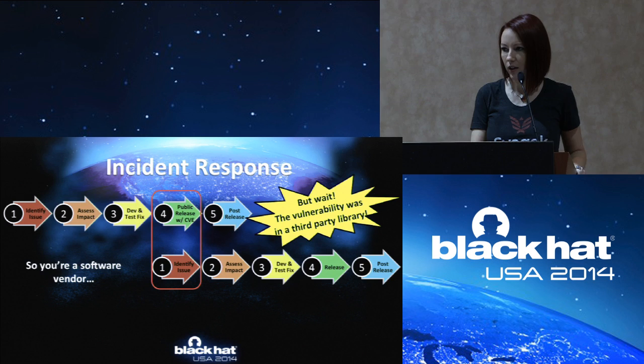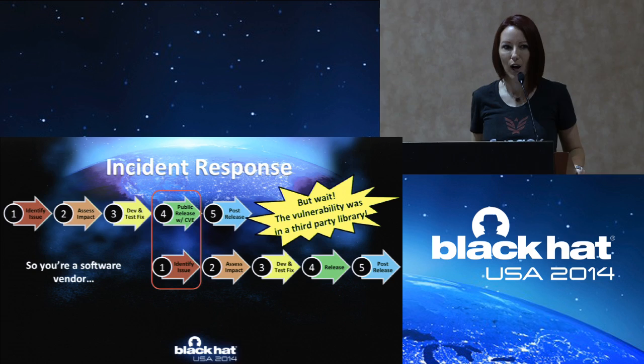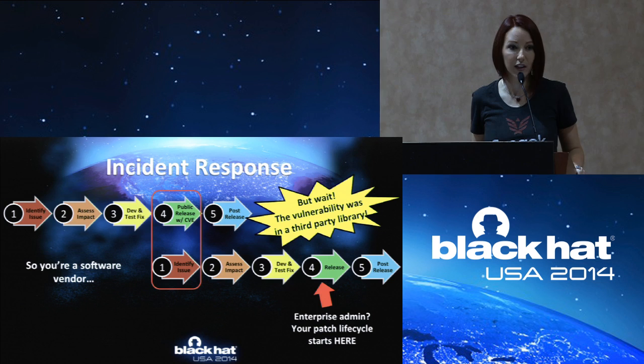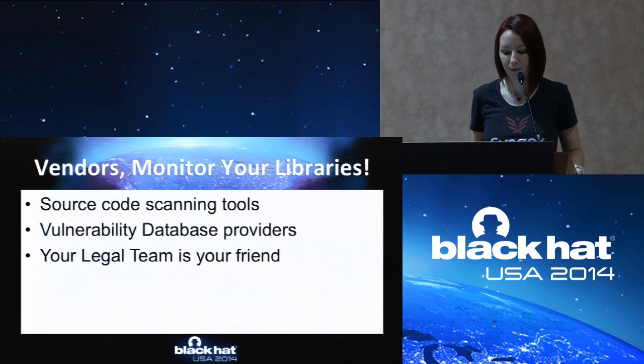You find out about it when the third-party library releases the vulnerability, and now your development cycle starts. And now you get to start doing the impact assessment and developing your fix. And your customers don't even get a chance to patch until much later in the vulnerability lifecycle. So this is why having a really clear incident response process is important if you're using third-party code.